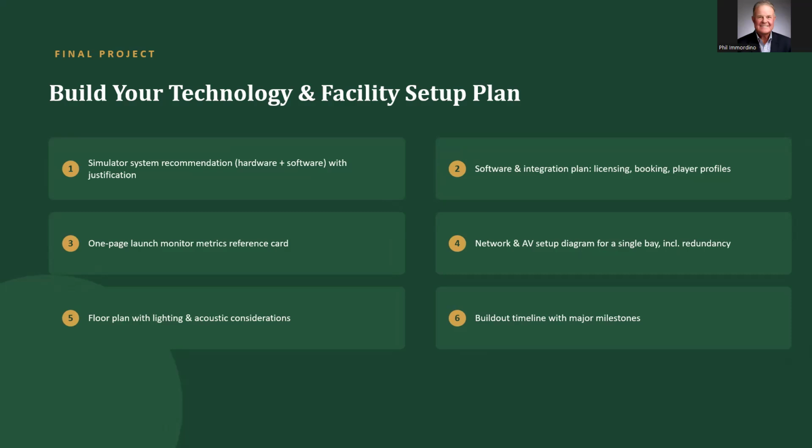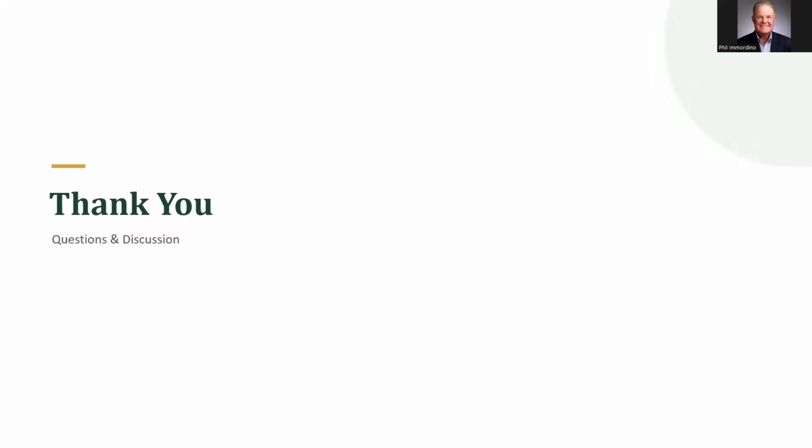A one page launch monitor metrics reference card, a network and AV setup diagram for a single bay including redundancy, a floor plan with lighting and acoustic considerations, and a build out timeline for major milestones. This project pulls together everything from all 5 modules into a plan you can actually hand to a contractor or vendor.